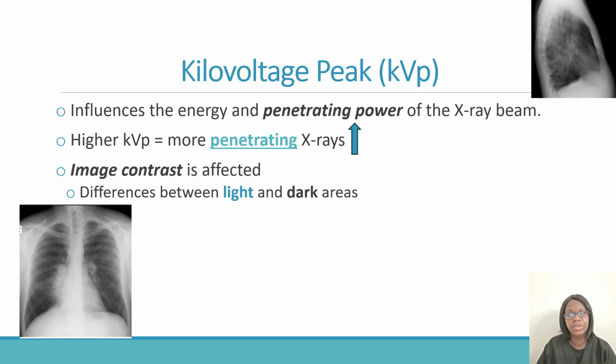Another trick you can do to remember your kVp and mAs numbers, because it's still good to know even though we have AEC now, is to keep a small notebook. You can start with the most common X-rays that you take and write down the kVp and mAs range for chest, because we know chest X-rays are common.